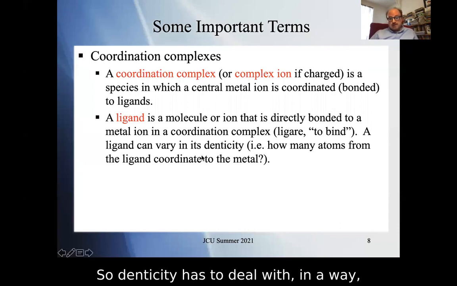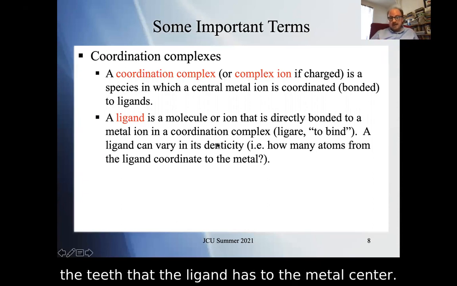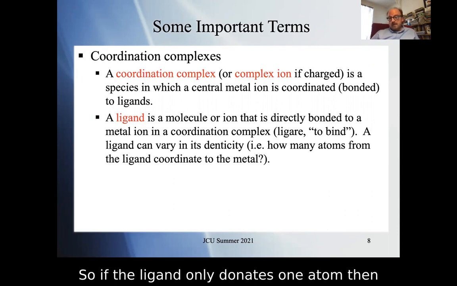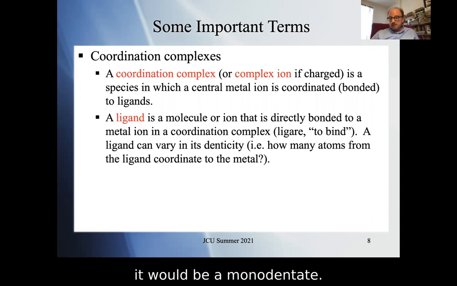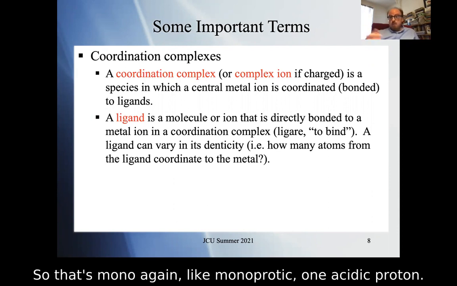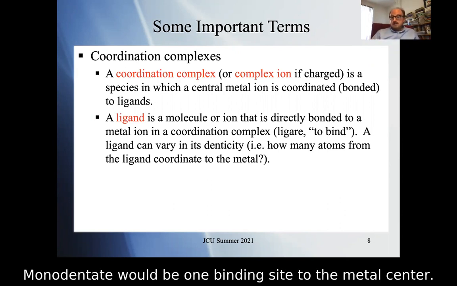Right, so denticity has to deal with, in a way, the teeth that the ligand has to the metal center. If the ligand only donates one atom, then it would be a monodentate. So that's mono again, like monoprotic, one acidic proton. Monodentate would be one binding site to the metal center.